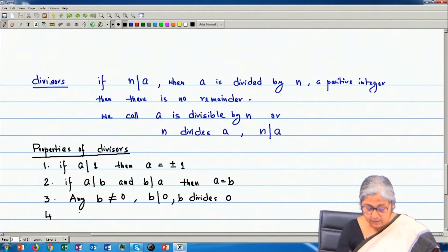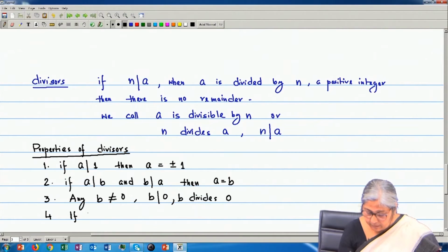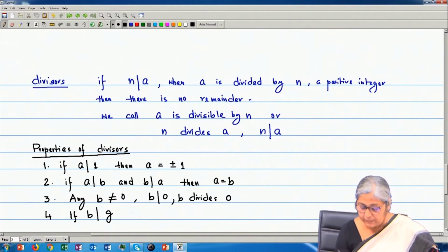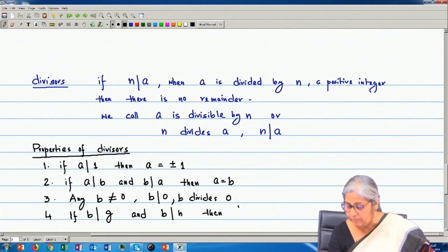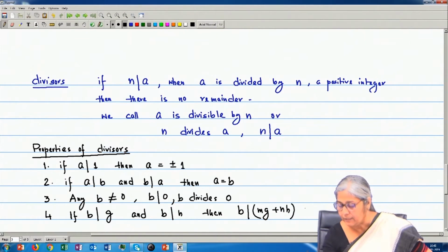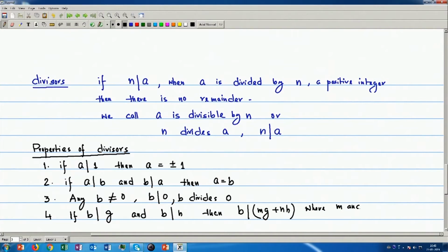And if b divides g and b divides h, then b divides mg plus nh, where m and n are integers.